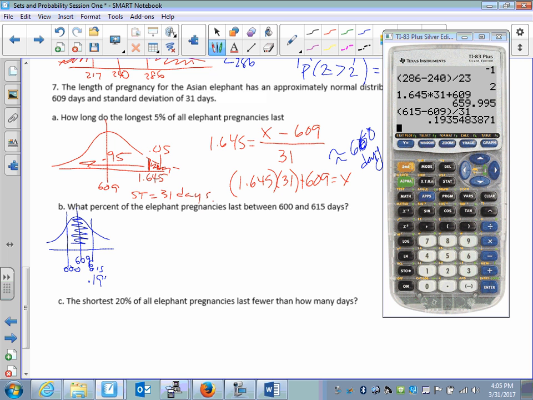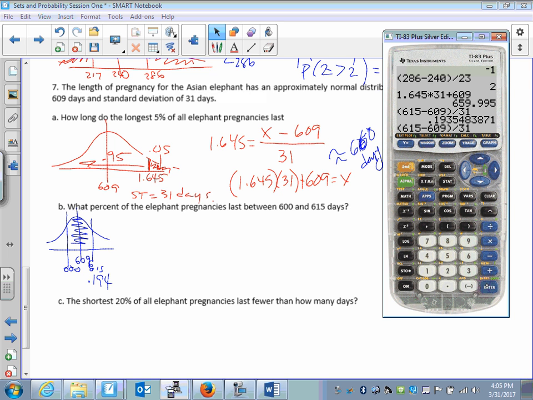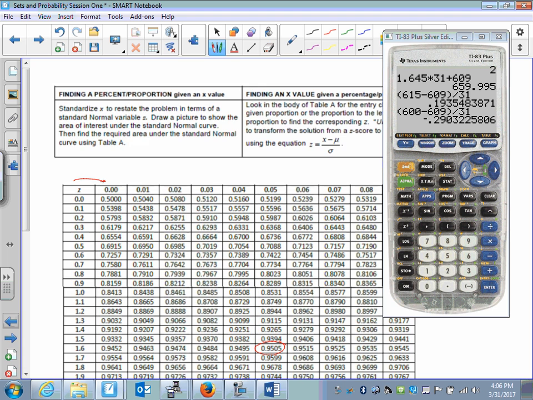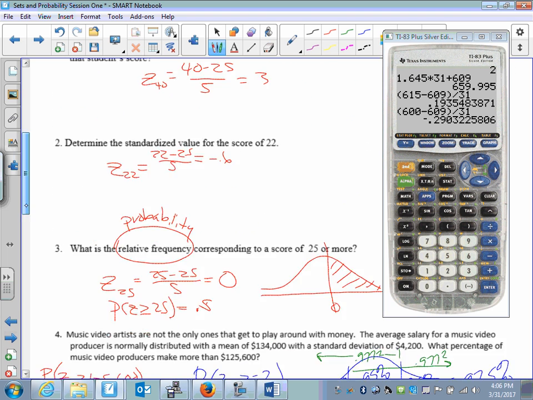Now, 600 minus 609 over 31 is negative 0.290. So now back to the table.